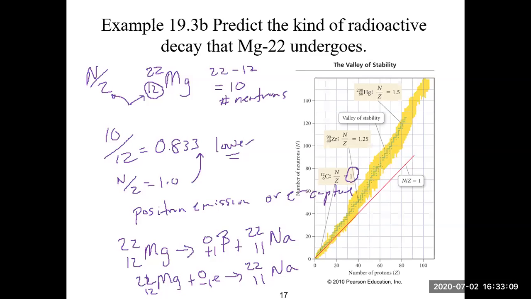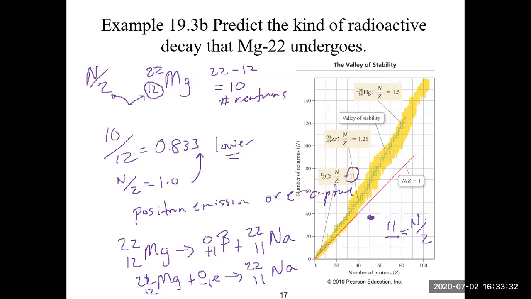So right now, he's sitting kind of here, if you will, too low underneath that belt of stability. We have now formed sodium 22, which means the N to Z ratio of our sodium 22 is 22 minus 11, which is 11 for the neutrons.